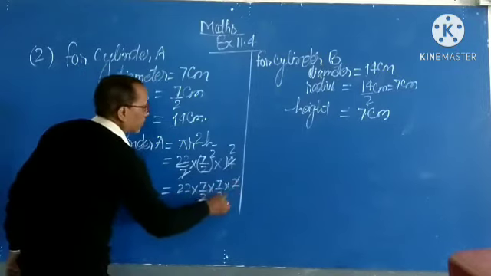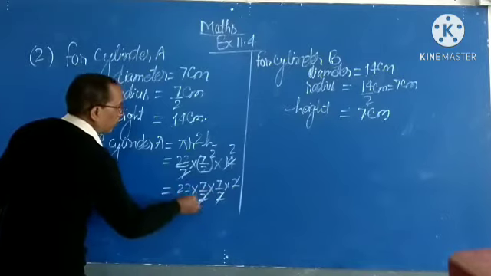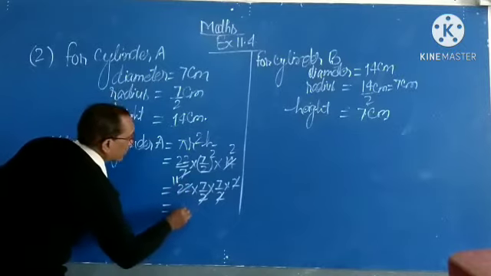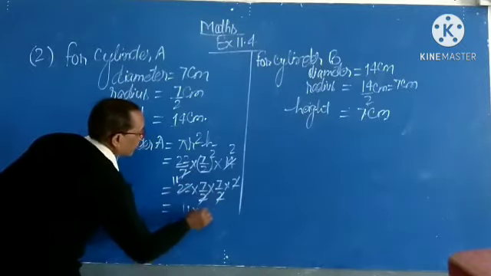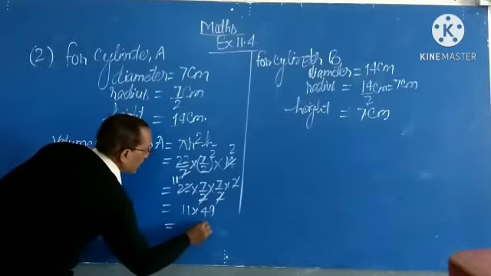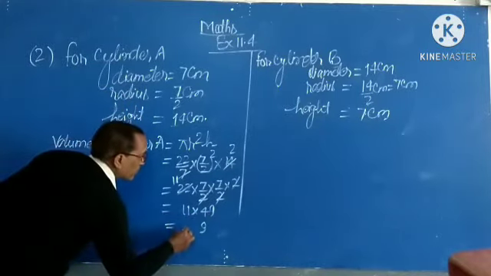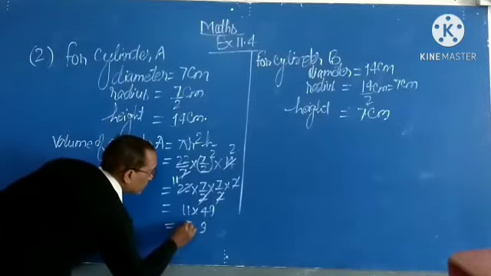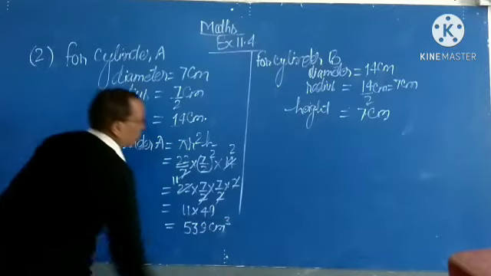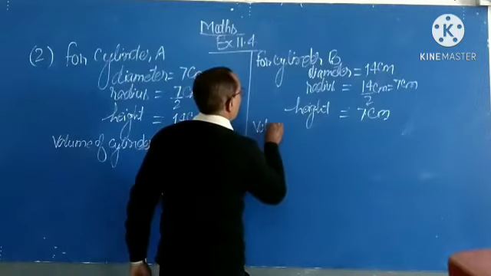You cancel here, 2 and 2. You cancel 22 by 2, you get 11. Means 11 into 7 into 7, 49. When you multiply this, 11 9 is 99, 11 4 is 44, and you get 539 centimeter cube.